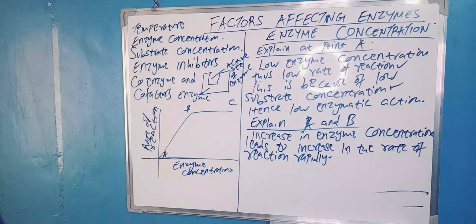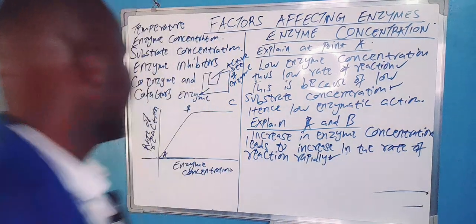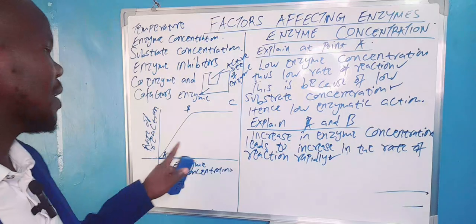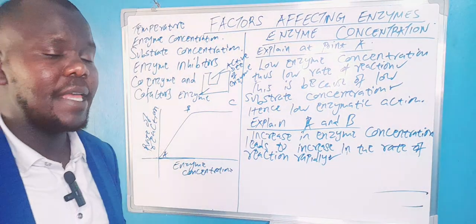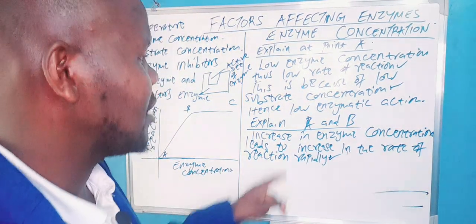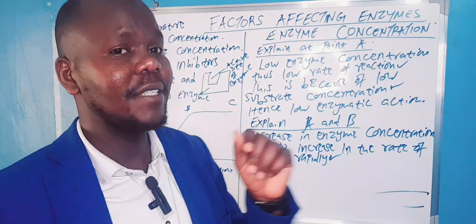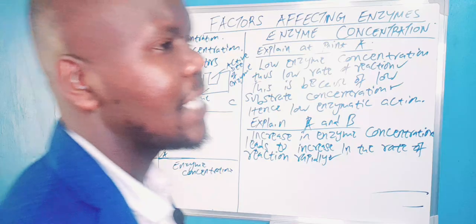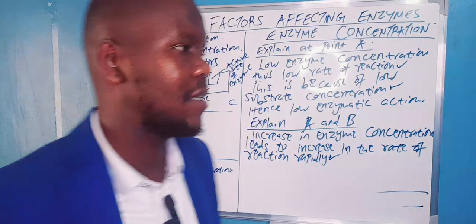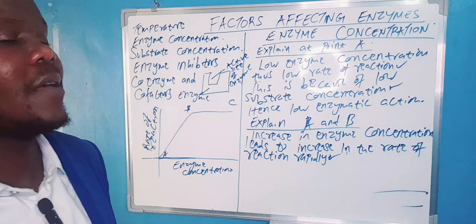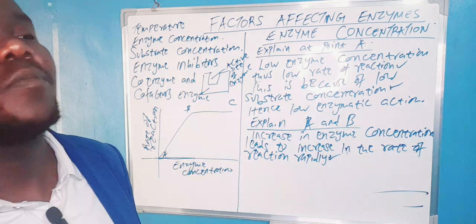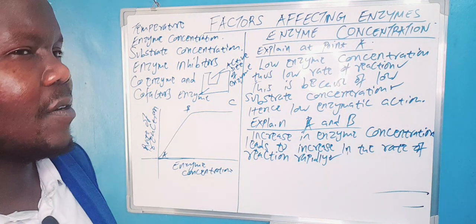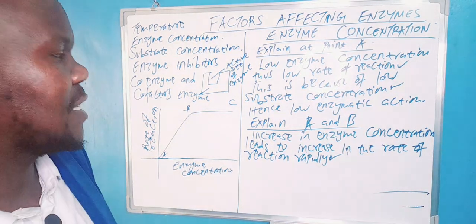What's the main reason why this rate of reaction is increasing rapidly? Because there is an increase in the active sites of the enzyme. As you increase this one, you increase the active sites of the enzyme, and it means more of the substrate is being acted on. With an increase in enzyme concentration, there is more breakdown of the substrate.